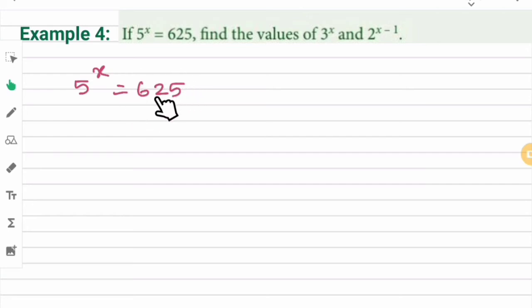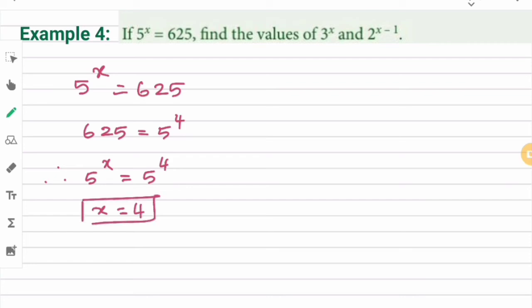Think of this 625. 625 can be written as 5 power 4. Therefore 5 power x is equal to 5 power 4. By comparing these two, I am going to write x is equal to 4.